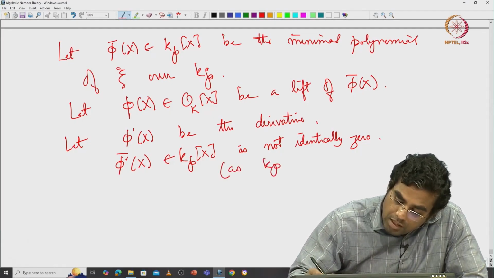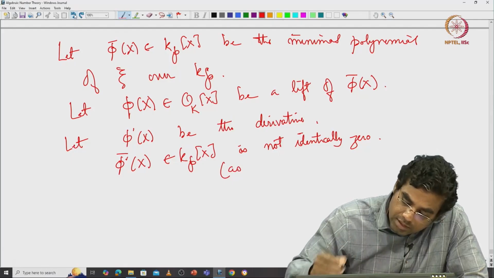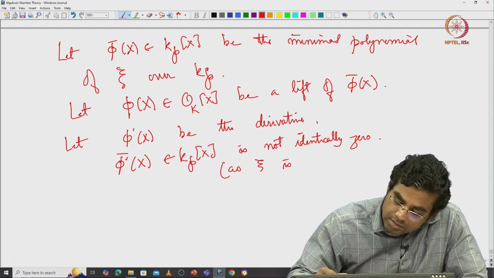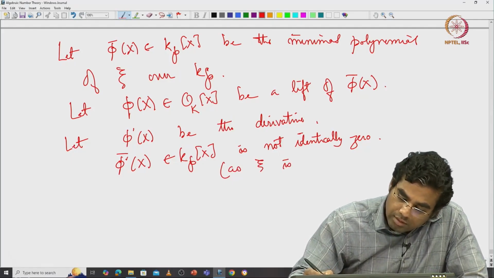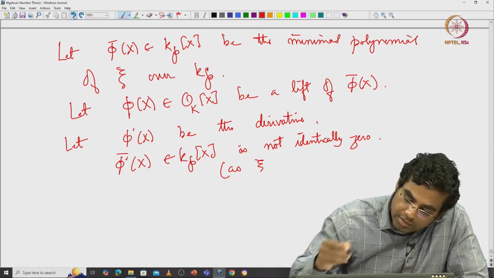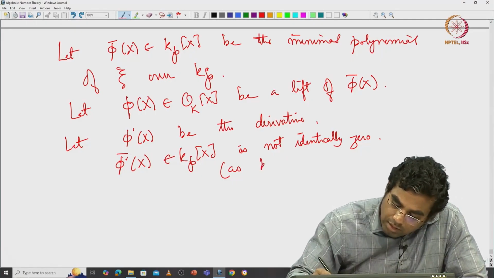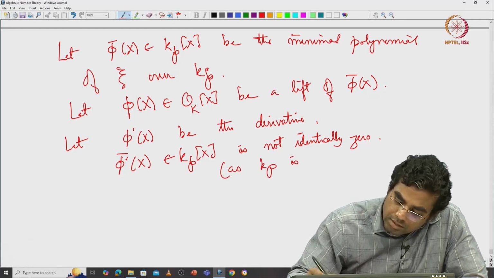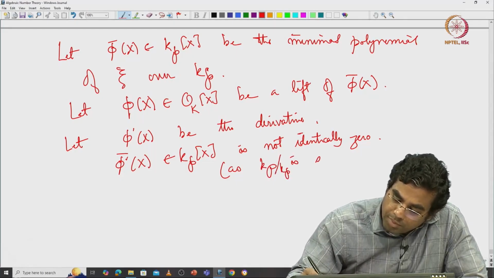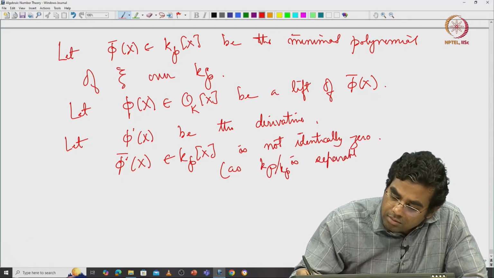Maybe it is more accurate to just say k p over k sub small p is a separable extension.